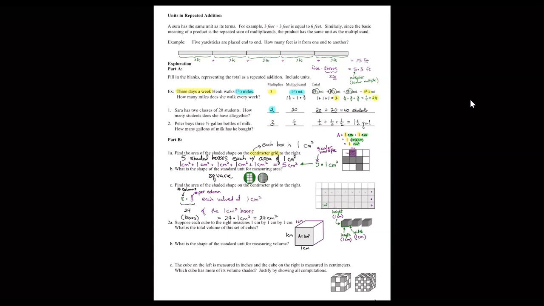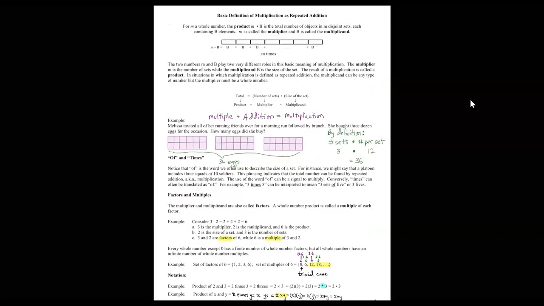If I know that the area of that face is equal to 1 square centimeter, what I'm really saying is, just go back to the templated concept. You could even flip back and just look at the rule here. The product M by B, total number of objects in disjoint sets. M is the multiplier, B is the multiplicand, but it's B happening M times.